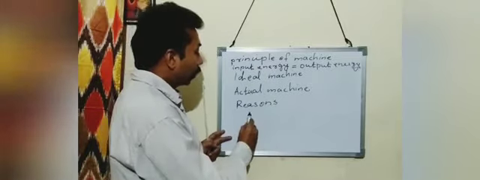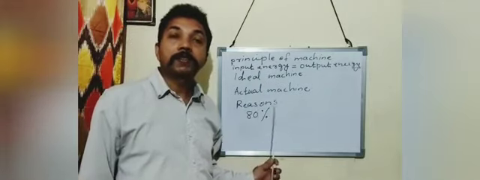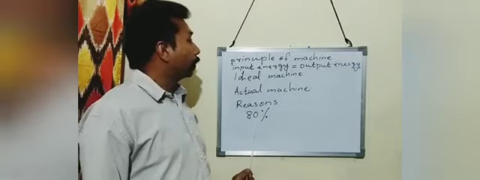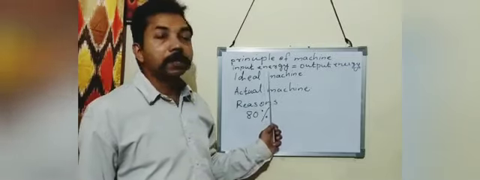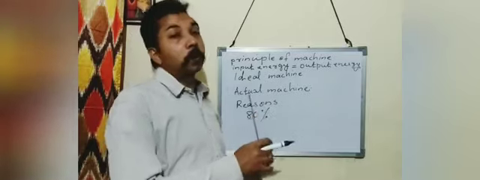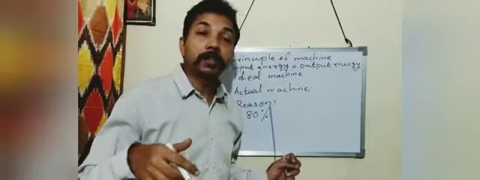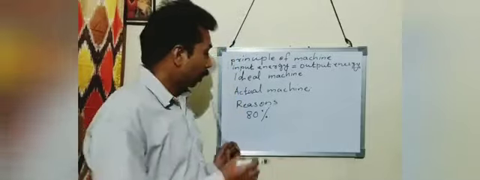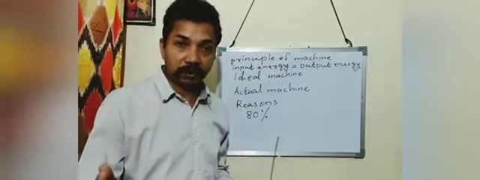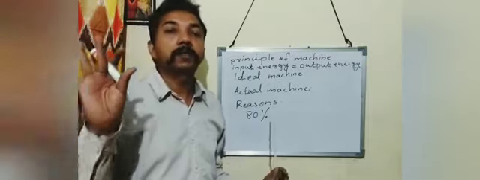If a machine is 80% efficient, it means that 80% of the energy provided to the machine is converted to useful energy, and 20% of the energy is wasted to overcome the frictional force. This is the meaning of this statement.